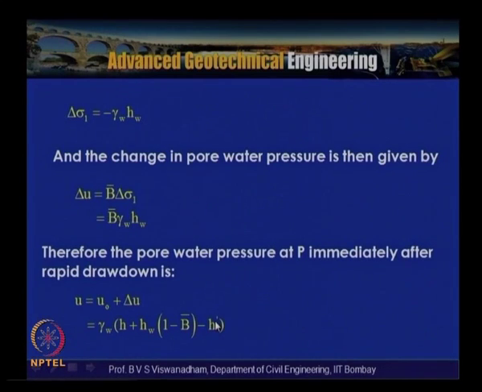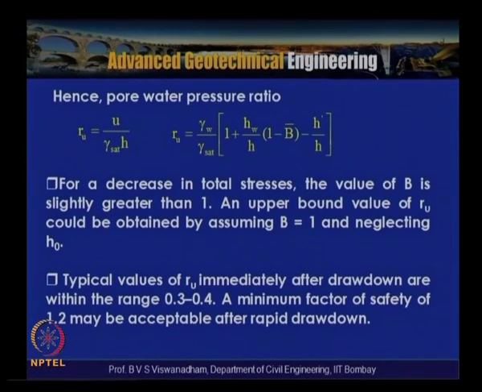So RU will be gamma W by gamma sat into 1 plus HW by H into 1 minus B dash minus H dash by H. For a decrease in total stress, the value of B bar is slightly greater than 1, and the upper bound value of RU can be obtained by assuming B is equal to B dash is equal to 1 and neglecting H dash.